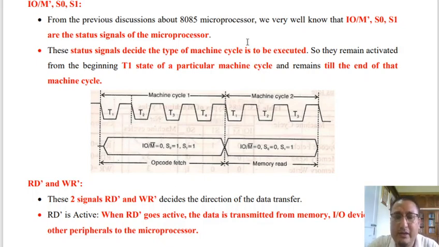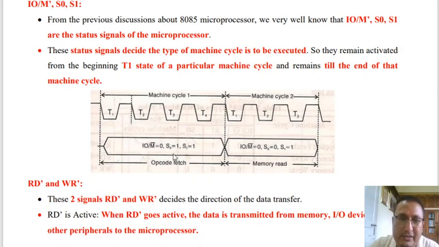Whenever you're performing opcode fetch, if the opcode is stored in the memory, the signal IO/M bar will be 0, and S1 and S0 will both be 1, 1.